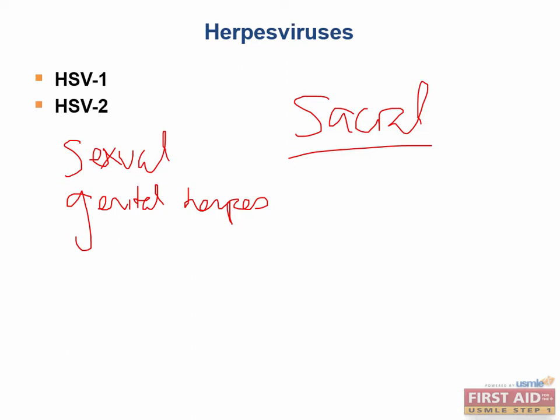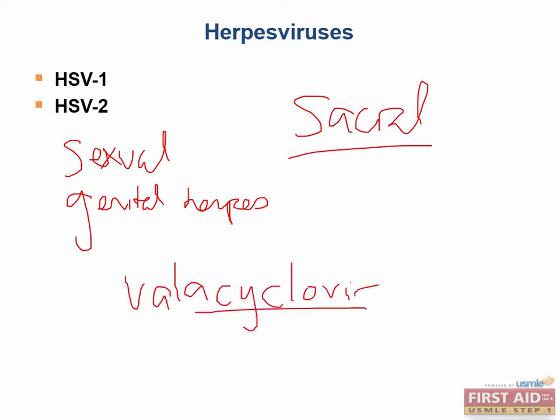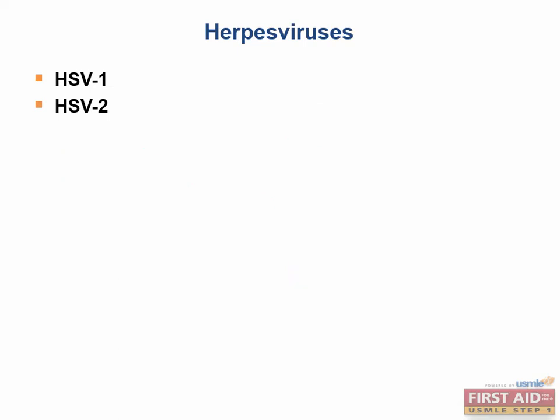And do we remember what drug can be used to prevent these recurrences? That's the acyclovir derivatives, valacyclovir, or just acyclovir, or famciclovir. Very good. It is important to remember that HSV is an important TORCH infection that can cause congenital defects when it is passed from a pregnant mother to her developing fetus.